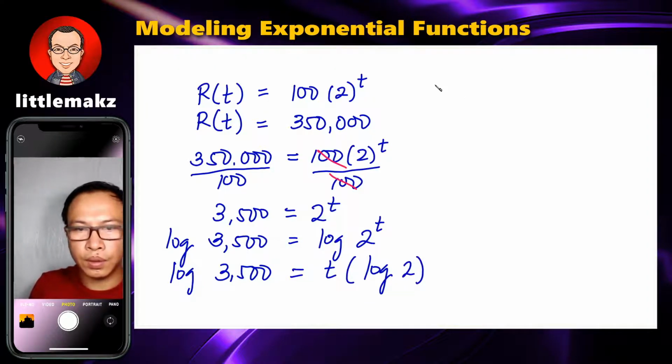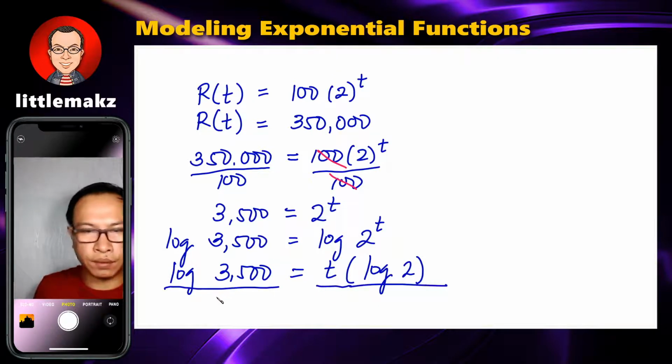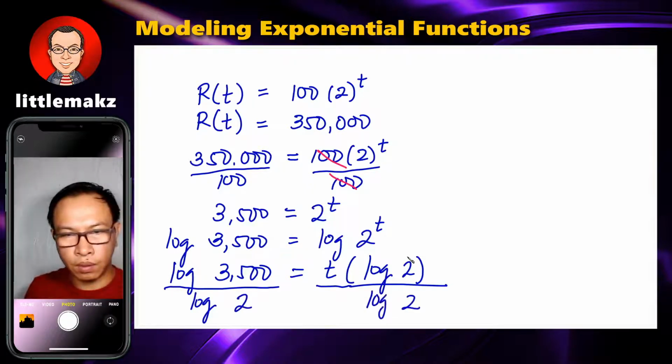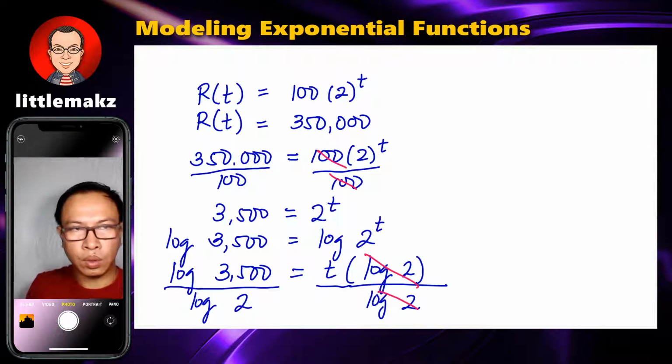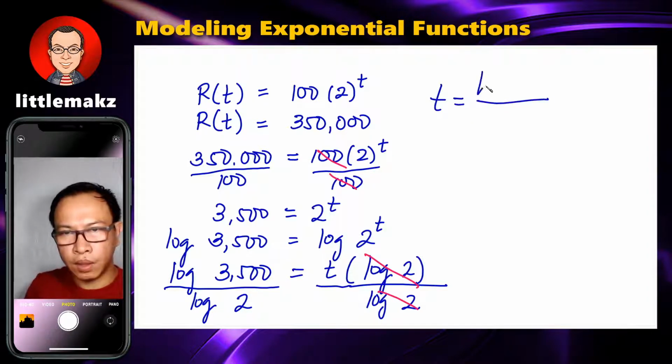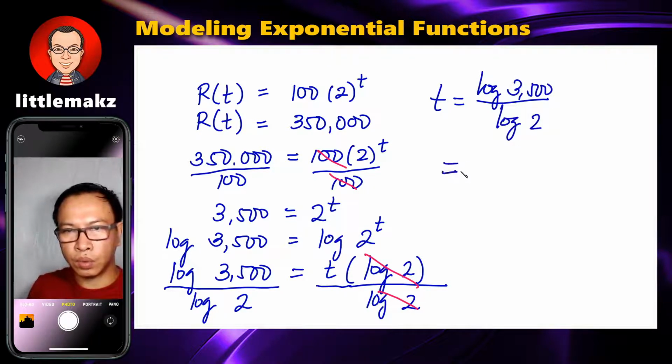And so your t would simply be equal to the logarithm of 3,500 divided by the logarithm of 2. We could divide both sides of the equation by the log of 2, so that your t will be equal to the logarithm of 3,500 divided by the logarithm of 2.